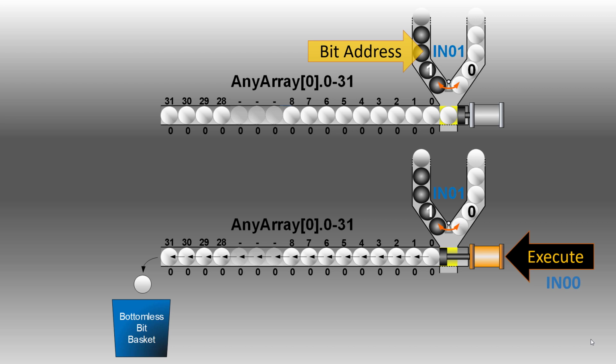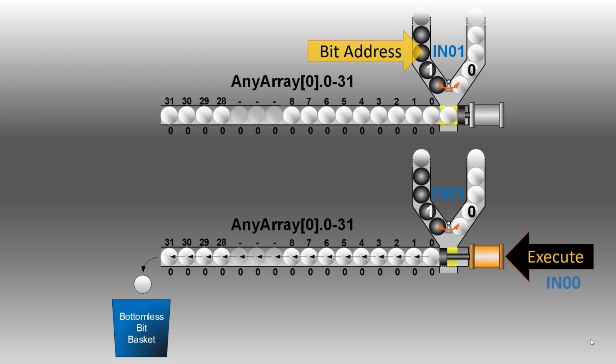Okay, so we have a register address, a variable address in which we're going to shift the bits to the left. Then we have a bit address, which the state of that bit determines when you execute the instruction whether you're inserting a 0 or a 1 into the least significant bit, bit 0 of that word.